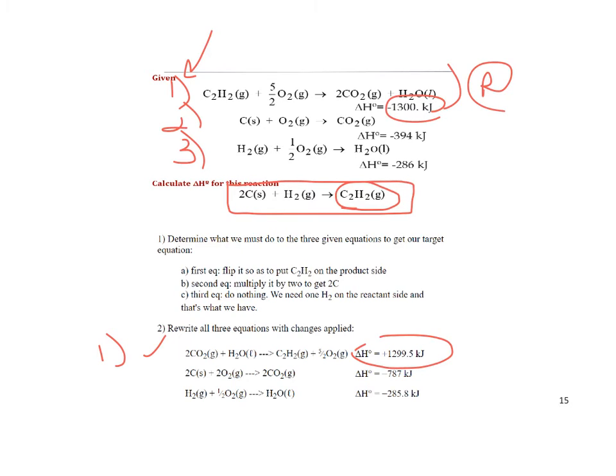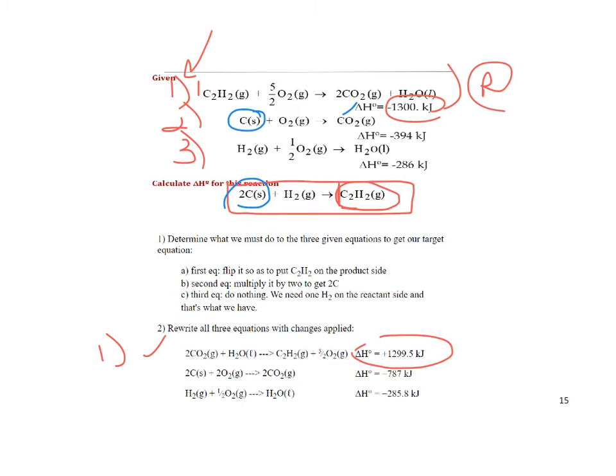Now the coefficients. After you decide whether or not it has to be reversed, then look at the coefficients, and there's a 1 in front of both, so you don't have to multiply by any factor. Now switch to given reaction number 2. I see that carbon is a reactant, and it is on the correct side. Some of the species, like oxygen and CO2, don't even show up in the target, so you can't use those to make a decision.